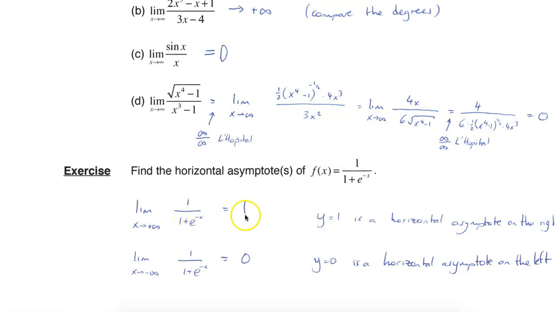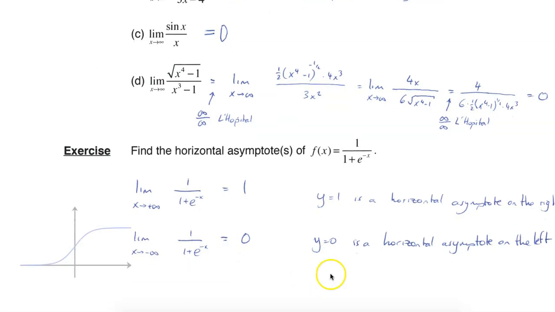So 1 over 1 is 1. On the other hand, when x approaches negative infinity, now e to the negative infinity is e to the positive infinity, so that grows without bounds, and we have 1 divided by 1 plus infinity, so that is going to be 0. The horizontal asymptote on the left is 0.